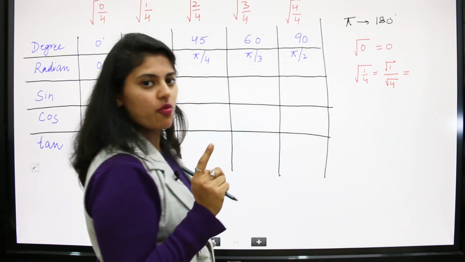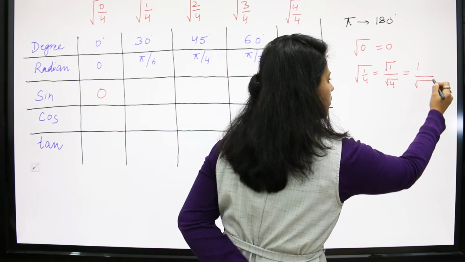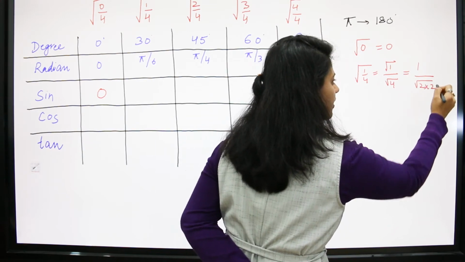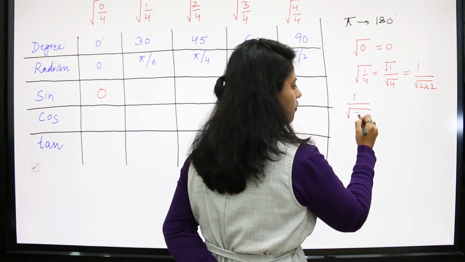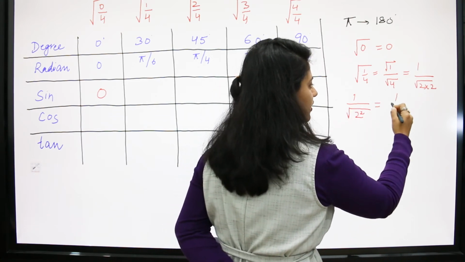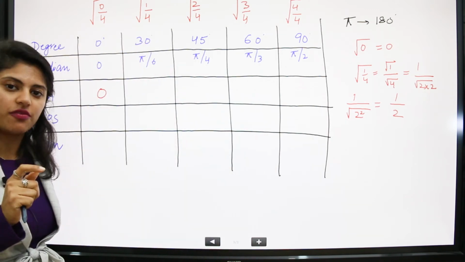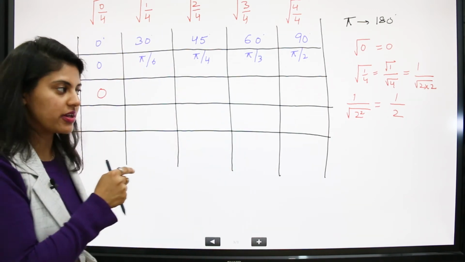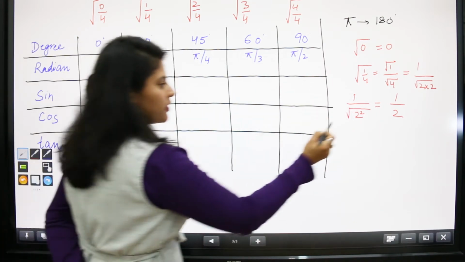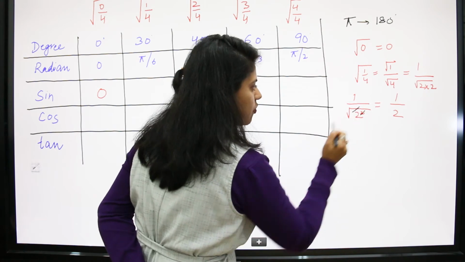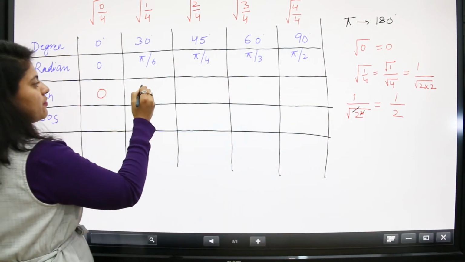Square root of 1 can be written as 1, and square root of 4 is 2, since 2 times 2 is 4. So this can be written as 1 over 2, because square and square root are inverse of each other and can get cancelled. So can I write the value as 1 by 2 in here?